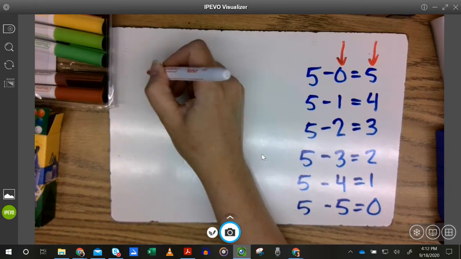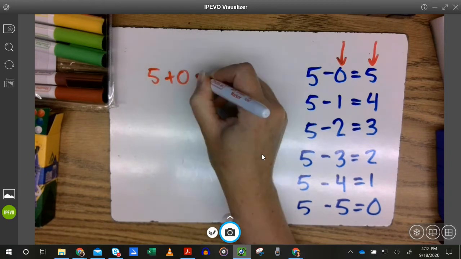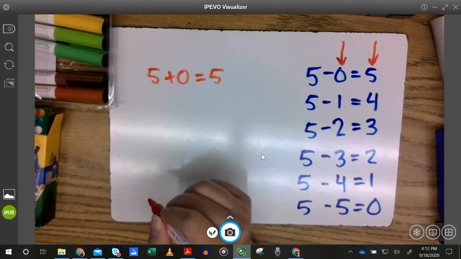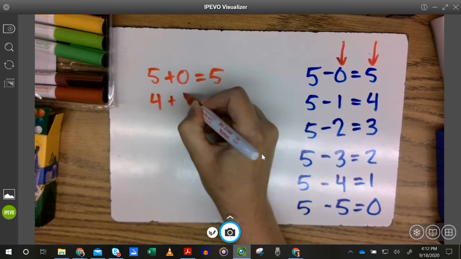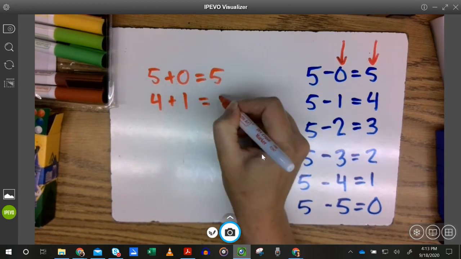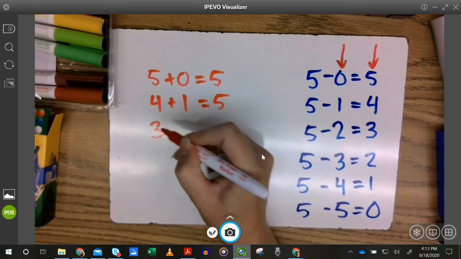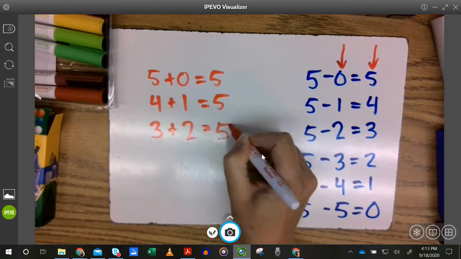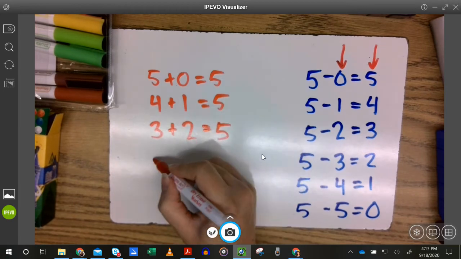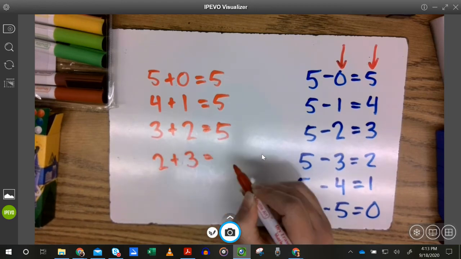We had that if I had 5 and nothing else, I still had 5. If I had 4, I needed 1 more to still have 5. If I had 3, I needed 2 more to still have 5. If I had 2, I needed 3 more.